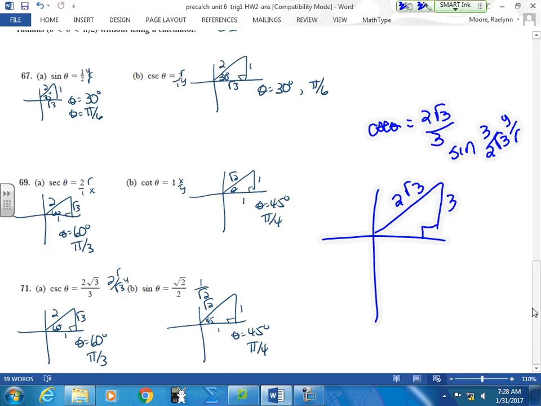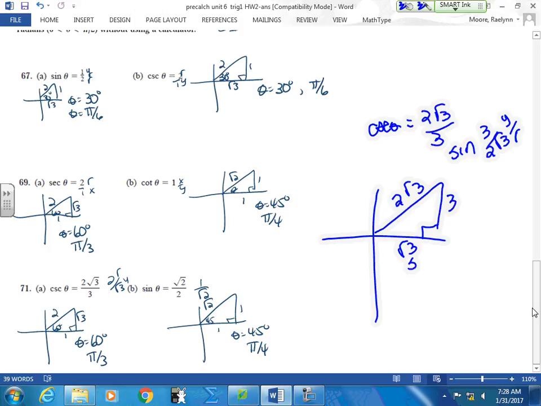Now, when you do this, you're going to have to find the other side because this doesn't appear to you like a special right triangle, right? So when you find the other side, it's going to have a radical also, right? It's going to probably be radical 3. You have to do Pythagorean's theorem.